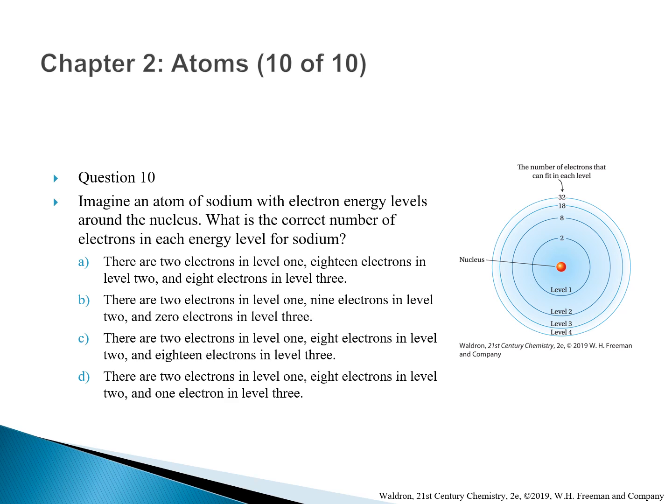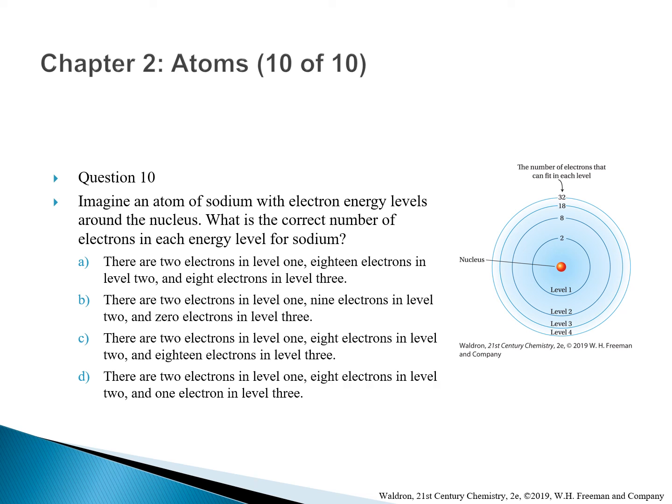Question number 10. Imagine an atom of sodium with electron energy levels around the nucleus. What is the correct number of electrons in each energy level for sodium? A, there are 2 electrons in level 1, 18 electrons in level 2, and 8 electrons in level 3.